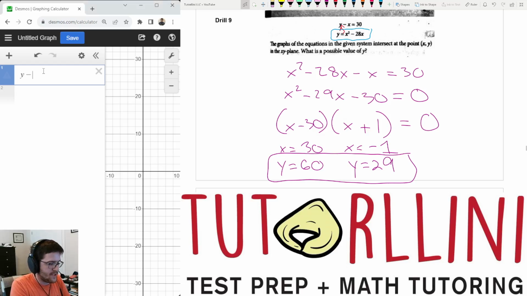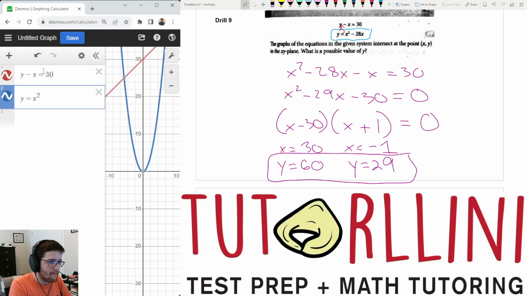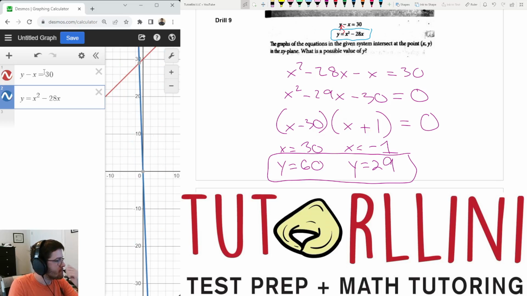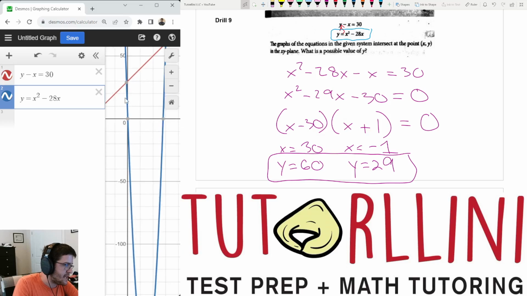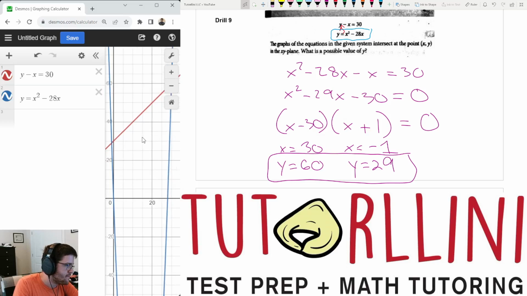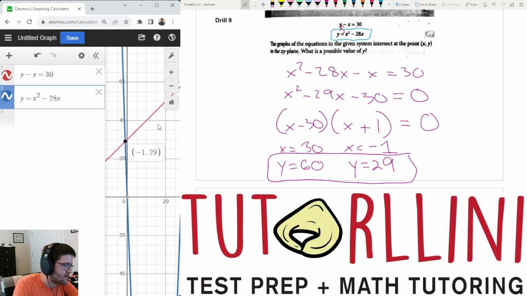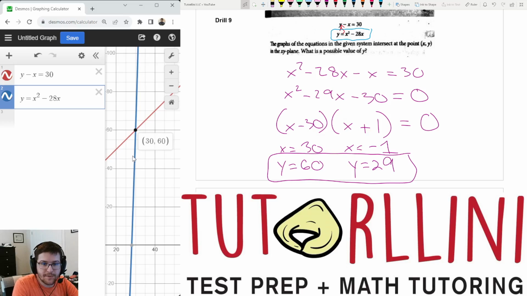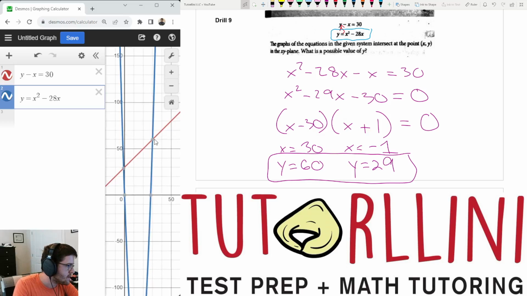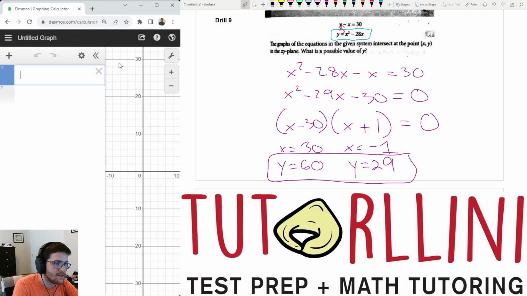Systems are almost always easier on the calculator, so let's try this. Notice, guys, for linear quadratic systems, we don't usually eliminate. We're often going to substitute. In a linear system, you could go either way, but for a linear quadratic system, we tend to substitute. At least that's what I tend to do. Okay, so we've got a y value of 29 and a y value of 60. That is super, super helpful. Great, let's keep going.